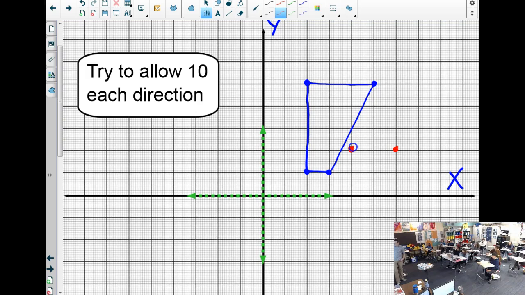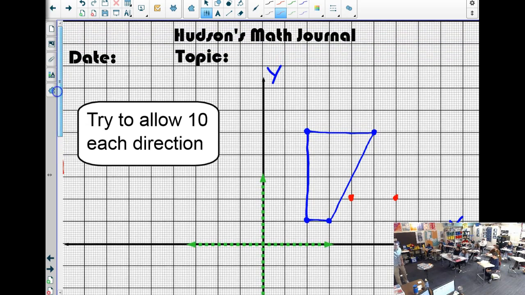10, 10. Yeah, 10 is like off my screen. Oh, I can get to that one. I just can't really get to that. So up here is my 10, 10, but at that intersection.